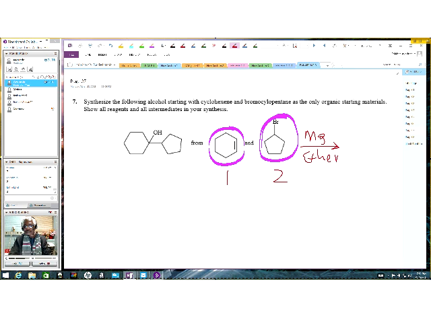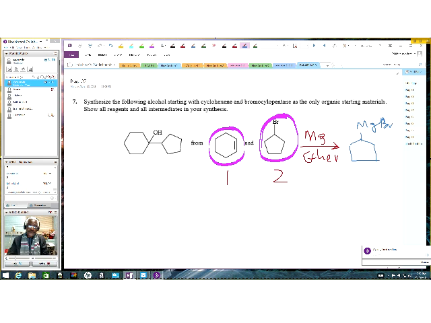By the way, if you write Grignard and you do not put the solvent ether in there, that would be fine. We'll come back to this because we are going to use it later. So we form our Grignard from the bromocyclopentane.